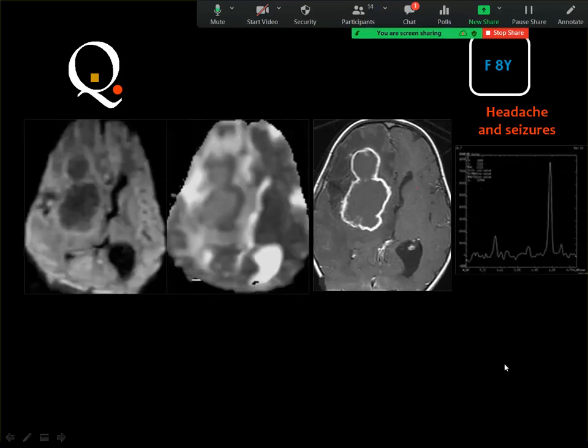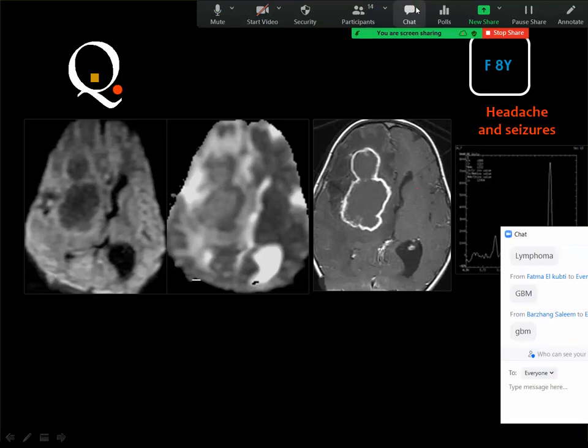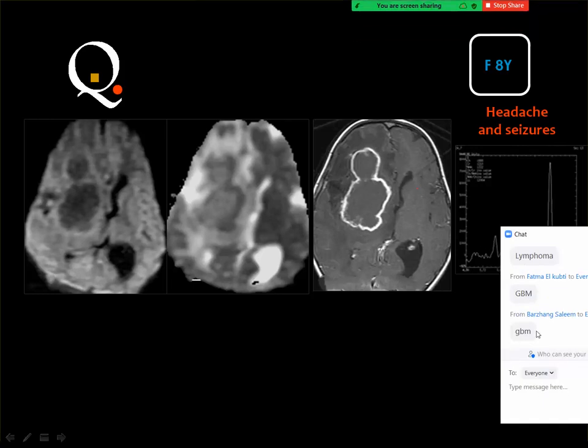Also, whenever you look at the diffusion weighted images, then you can see that there is no restricted diffusion. And this is the spectroscopy, which can be helpful in exclusion of a brain tumor. There are no metabolites, only lipids and lactate. Then what do you think? This is not GBM because of the spectroscopy.